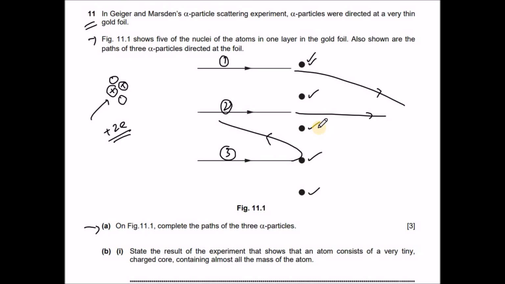That's why the alpha particle deflects down. Look at number 2. The alpha particle goes straight, that means there is empty space. Number 3, look at the deflection, that shows a mass is there at this position.